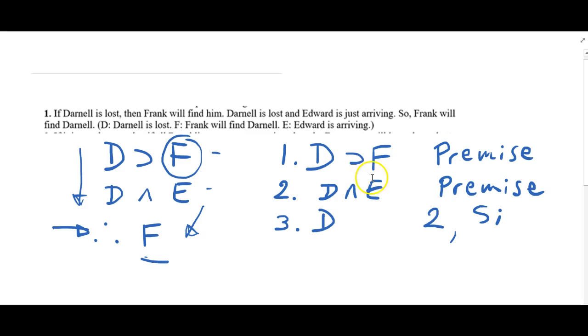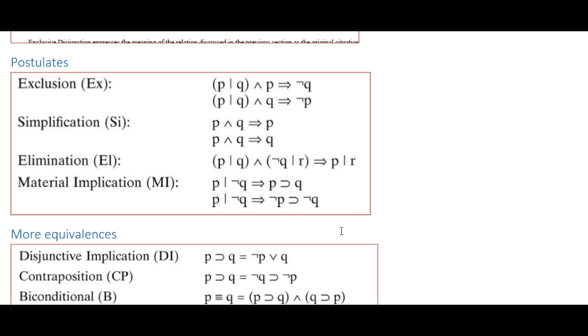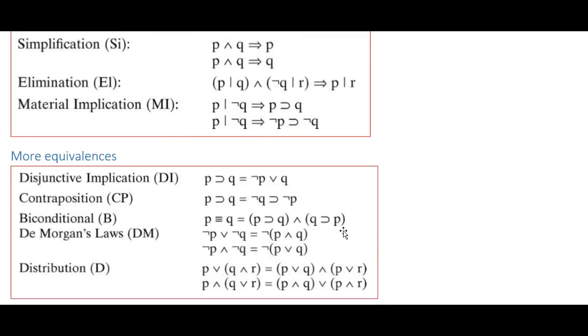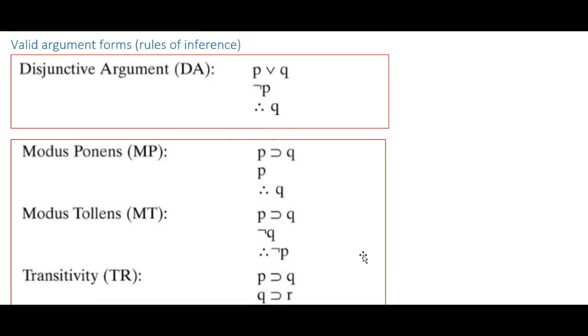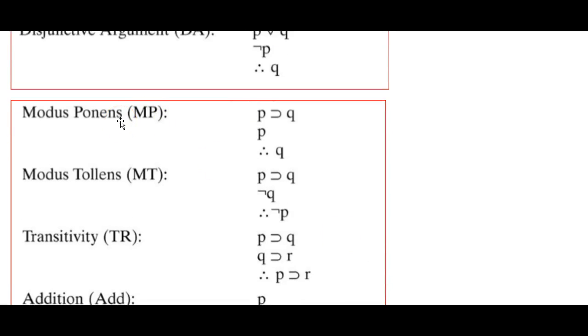Conditionals are really helpful for drawing inferences. So let's go back to the list and see if there are any rules that involve conditionals. Look at this one, modus ponens. It tells you that if you have a conditional, if P then Q, so again, any formula whatsoever followed by a horseshoe, followed by any formula whatsoever.